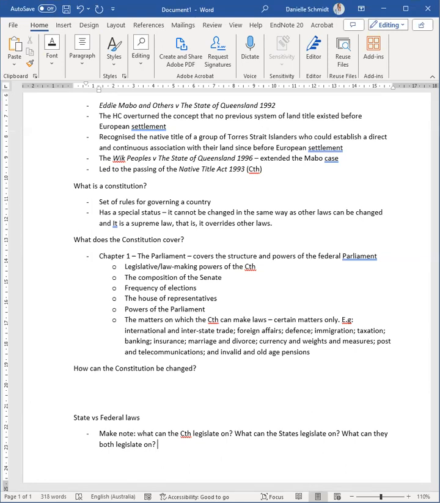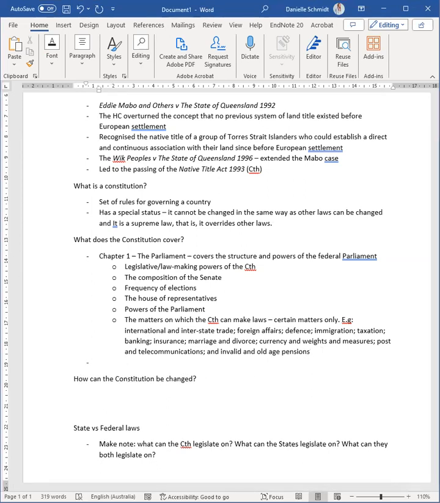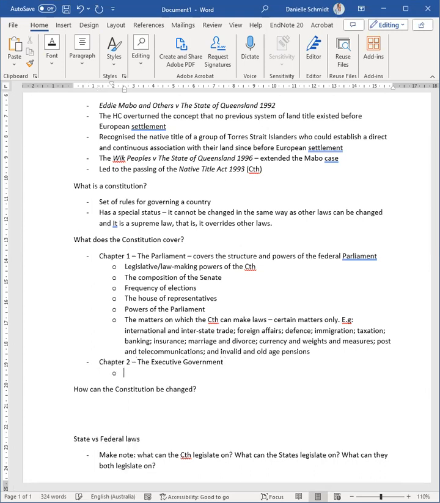Now, the states retain legislative powers over matters not specifically listed in the Constitution. And again, we need to make sure that we're across that, but we don't have the time to be going into that in this particular video. So we're going to move along now to chapter 2, which is the executive government. This covers things like the structure and powers of the executive government.